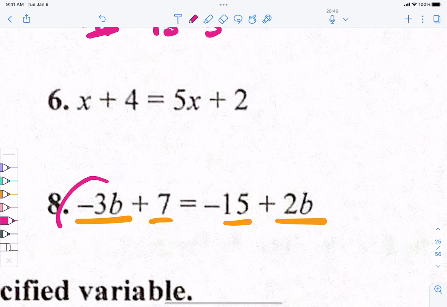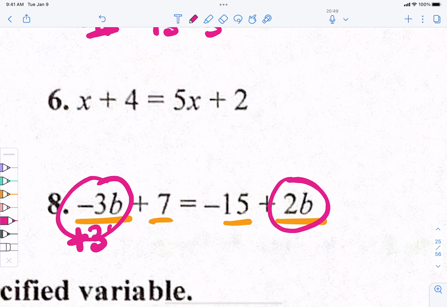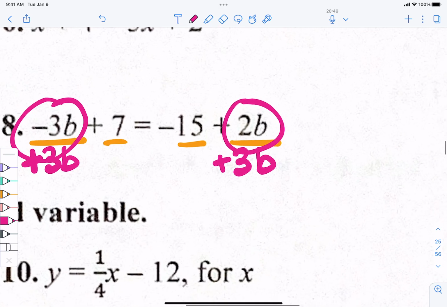All right, so I have negative 3b and 2b. Which one would you like to move? Add the 3b so that it becomes positive. So 7 equals negative 15 plus 5b. No, you'd add the 15 over. Okay, so plus 5b.